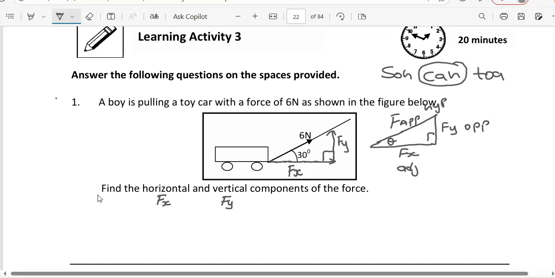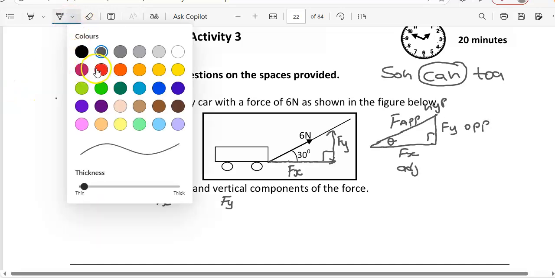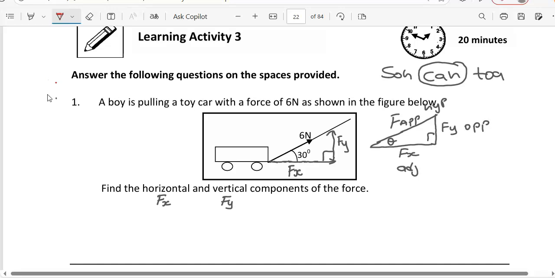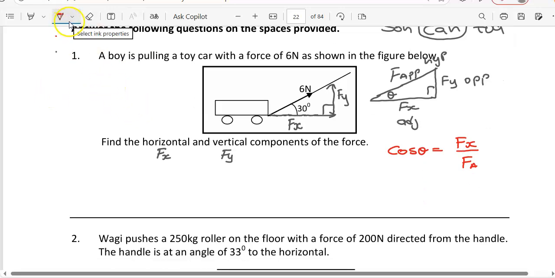So to find the horizontal, you need to use the cos of theta. You're going to write down that cos of theta is equal to, according to SOHCAHTOA, adjacent, which is your Fx, over hypotenuse, which is the applied force. Now you just have to make Fx the subject of the formula.